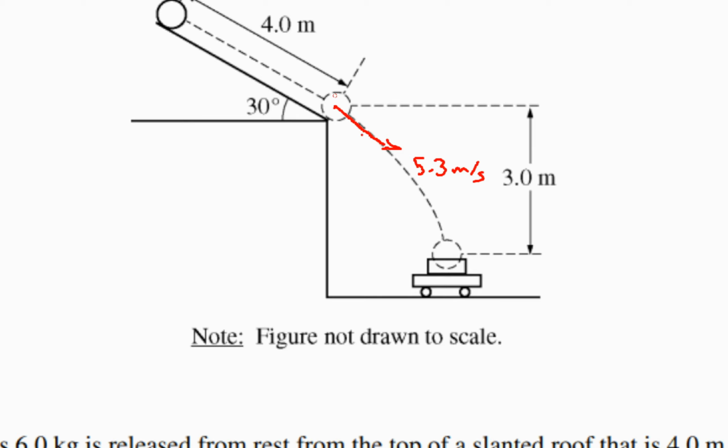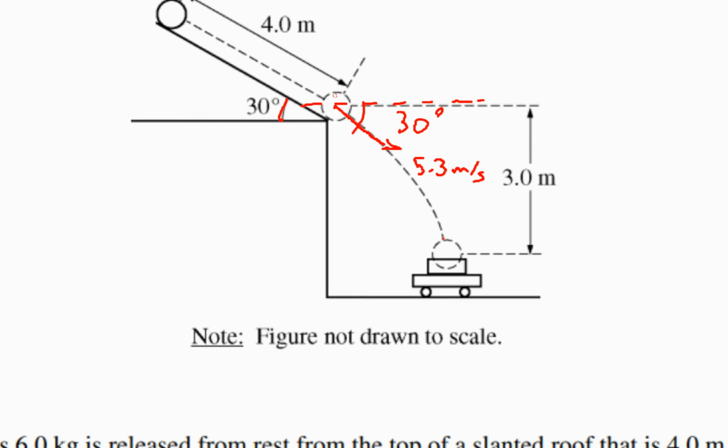But if we need to consider the conservation of momentum along the horizontal, we need only to consider the horizontal component of this velocity. And if this is the angle 30, then that would be the angle 30 as well. Because you can think about it, this is the angle with the horizontal and this is the horizontal, so that would be 30 degrees.